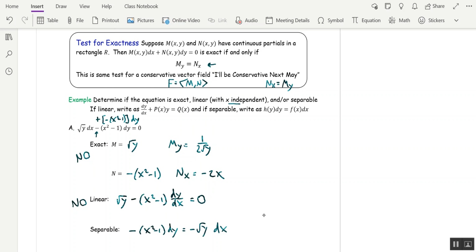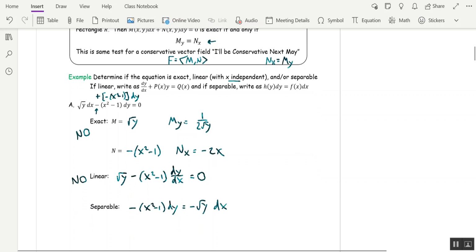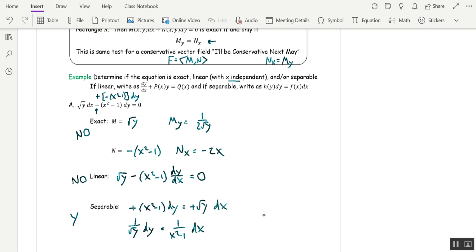And then can I separate these variables using multiplication and/or division? Yes, I can. First of all, let's multiply both sides by negative 1. And then let's move our y's over here. 1 over root y dy is 1 over x squared minus 1 dx. So that's a yes. And I separated the variables.